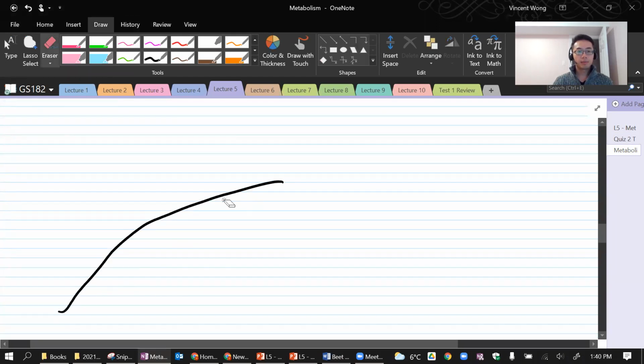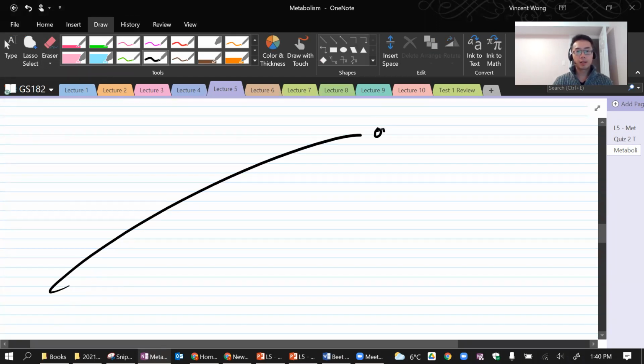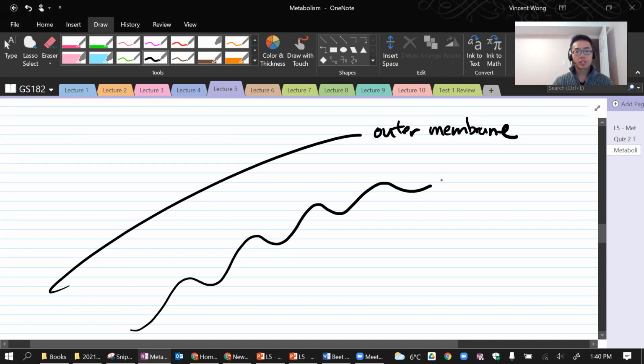So this would be the outer mitochondrial membrane. And then we would have the inner membrane that folds into the cristae, right? Inner membrane, cristae.